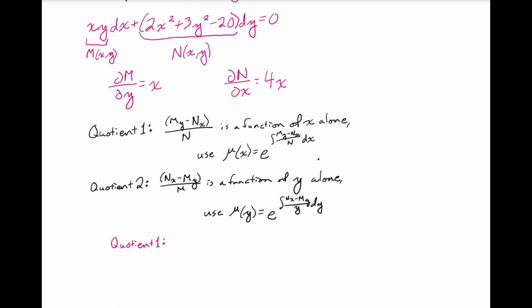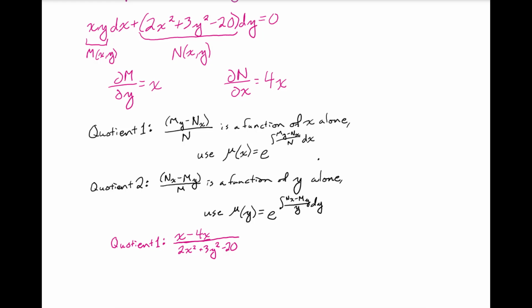So checking quotient 1, we have the partial derivative of M with respect to y. We already know that that is x. The partial derivative of N with respect to x, we already know that that is 4x. And we know that N is 2x squared plus 3y squared minus 20.